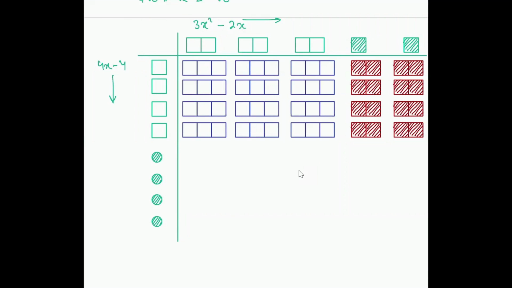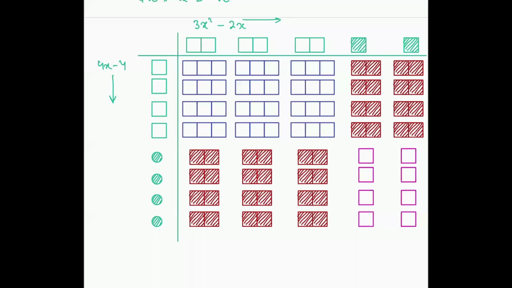So as you see, a positive and a negative will make 2 negative boxes, right? So this is how it looks after writing all of them. If you take special notice here, for the negative ones, we get 1 box, but it is positive, that is unshaded, right?